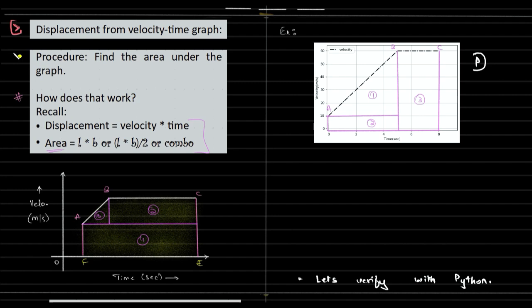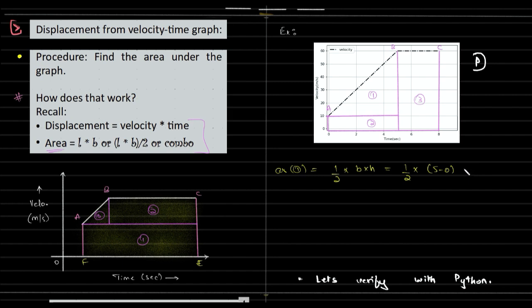How do you do this? Region 1 is nothing but the area of a triangle, which is half into base into height. So what is the base over here? It is 5. This is a velocity time graph, so the time is along the x-axis. So this is 5 minus 0 seconds.